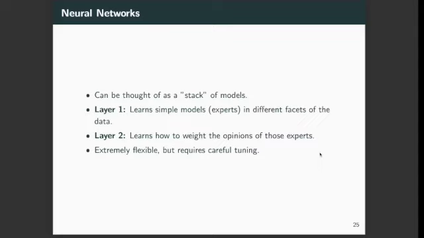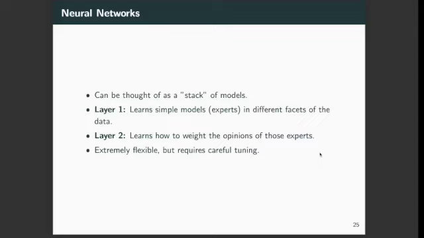Imagine something like this, where in layer 1 you have model 1, model 2, model 3, and each model is considered an expert who knows how to build a predictive model based on the data that we have. But expert number 1 may say something a little bit different from expert number 2.